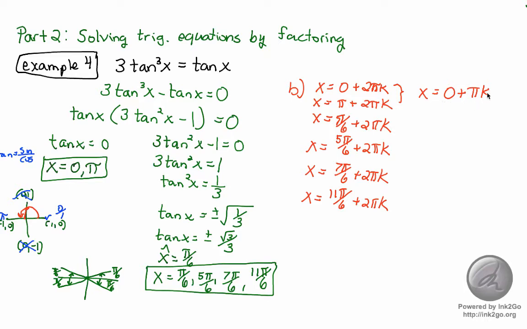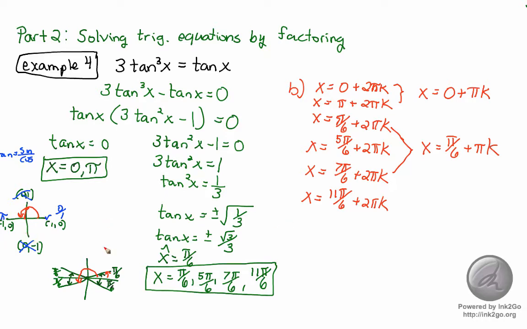Repeat every pi. I also notice that if I look at pi over 6 and 7 pi over 6, they form a straight line, so they're exactly pi away from each other. So I can combine those two together and write it repeating every pi instead of every 2 pi.